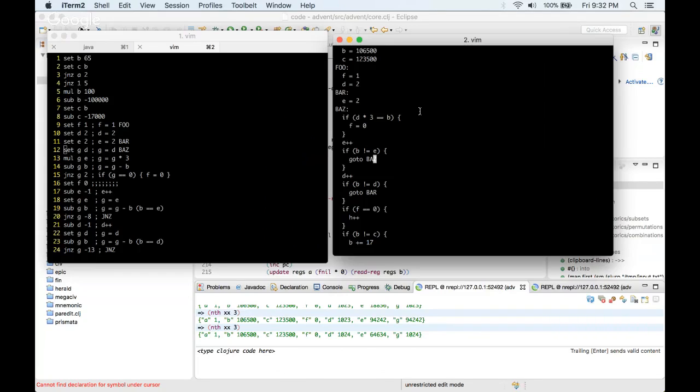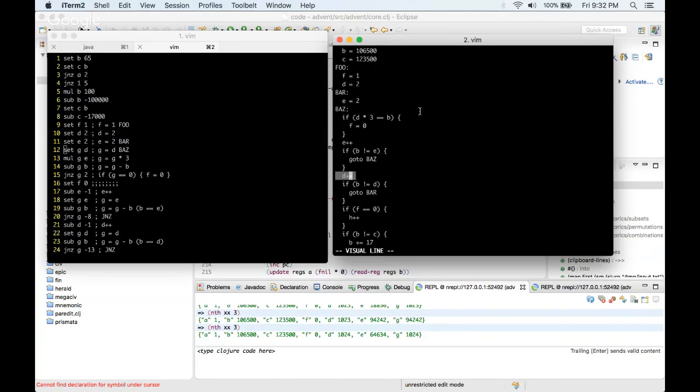So okay, this is basically incrementing E one at a time until it's equal to B. And along the way, it's just doing this check here.